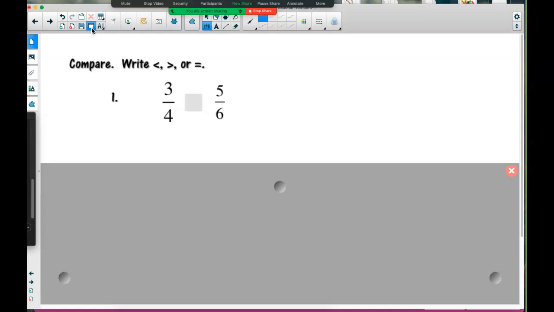Those of you at home, I want you to type into the chat either less than, greater than, or equal, depending on what you get as an answer. Those of you here, I want you to try this problem. And you can just do your cross products.